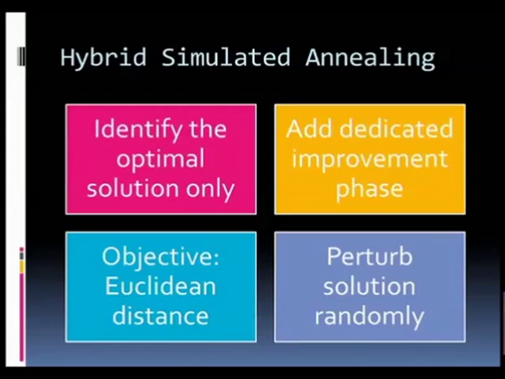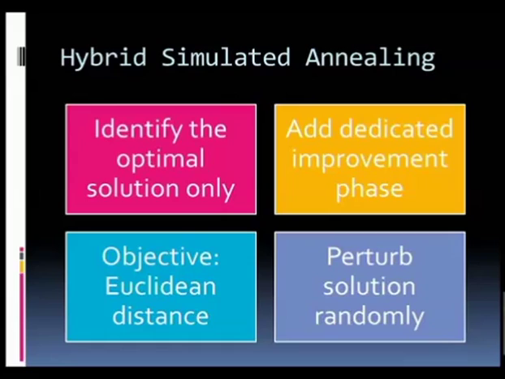So I applied a hybrid simulated annealing algorithm to solve the problem initially. This identifies the optimal solution only. There's a dedicated improvement phase which has been added to make the algorithm very efficient. The objective is the Euclidean distance, and there's a perturbation operation which is random.